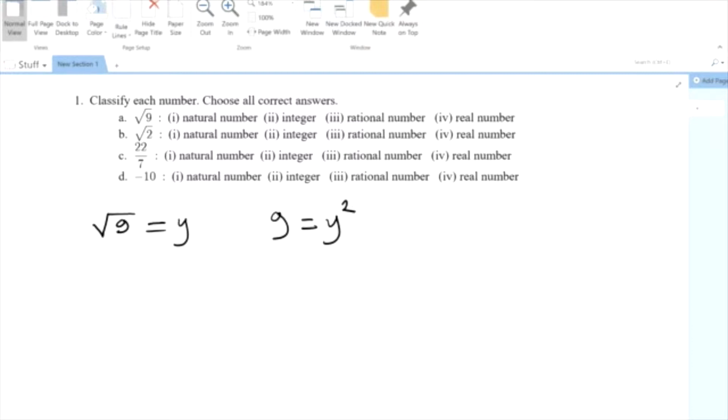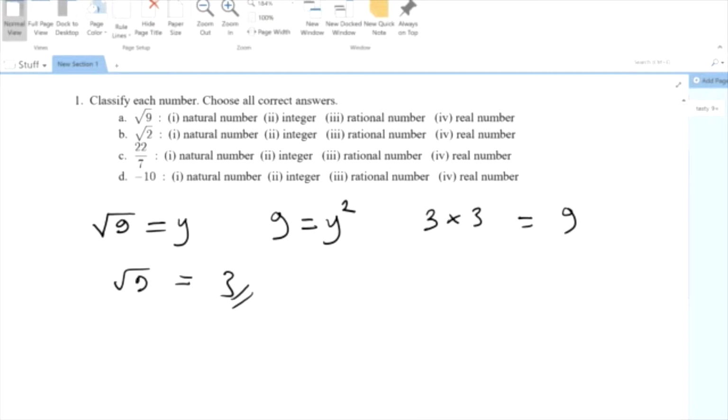So the option should actually be 3 times 3 is equal to 9. So that means the square root of 9 is 3. However, the real question is, what set does the number 3 belong to?